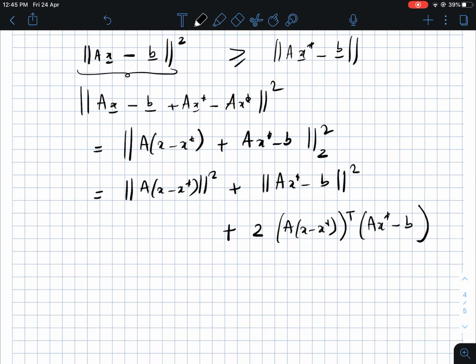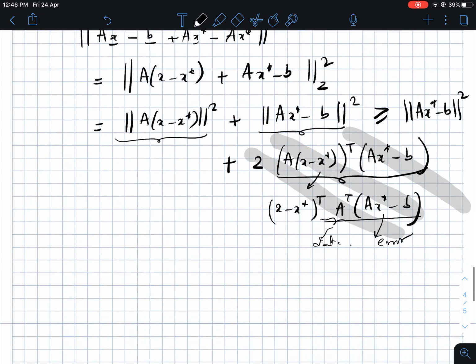Then I'm left with just two terms, and both of them are square terms, so you can immediately conclude that this is always going to be greater than or equal to the norm of A x star minus B whole square.